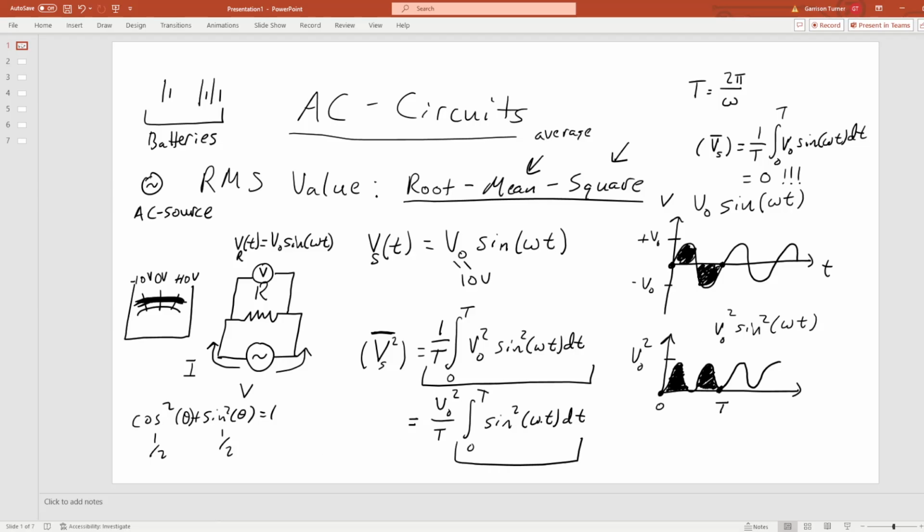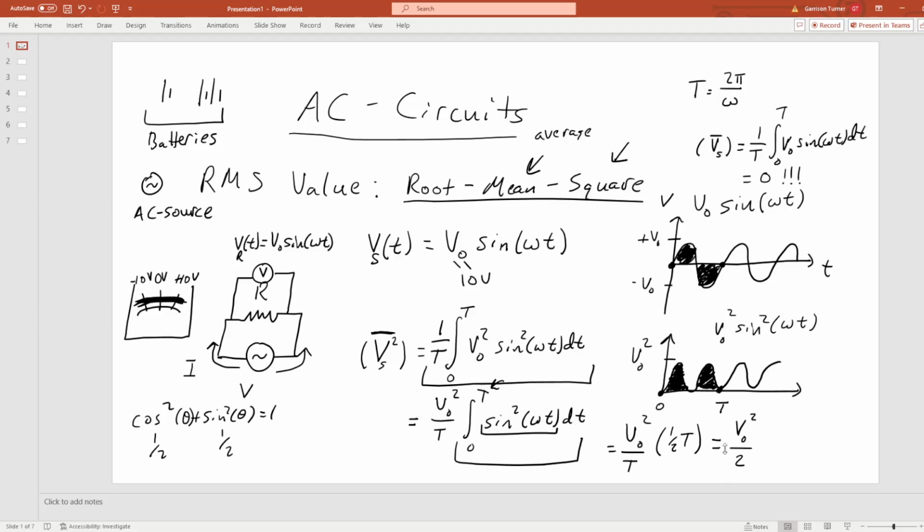And so this is equal to 1/2 of T when you actually evaluate your bounds. Okay? So the result is that your time average of the sine squared becomes V naught squared over 2. Okay?